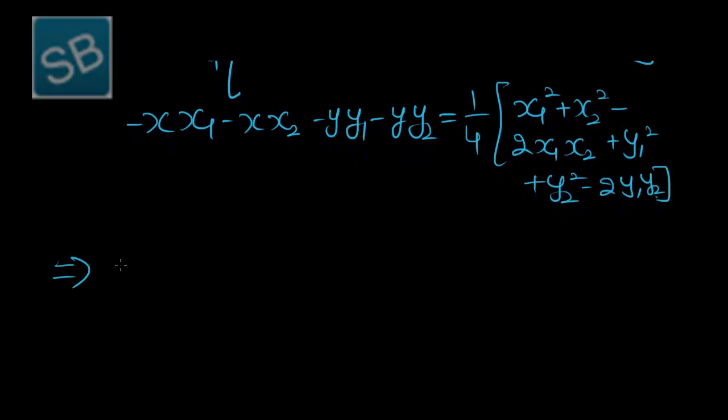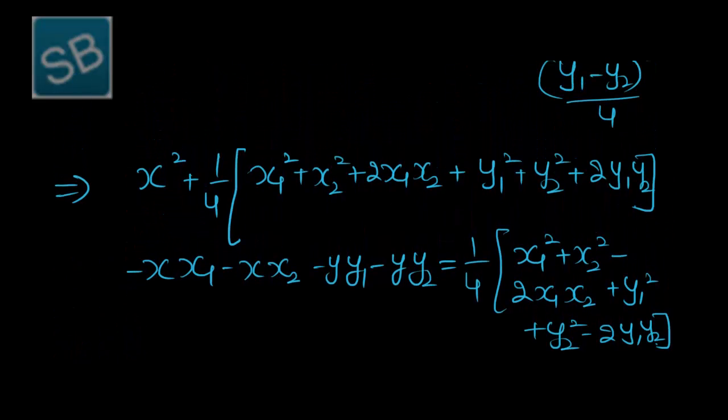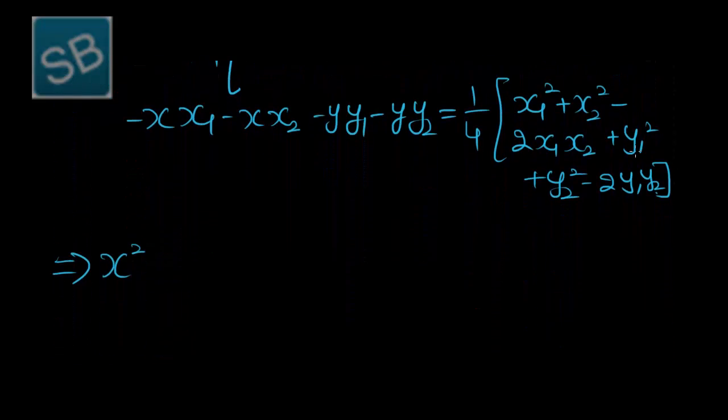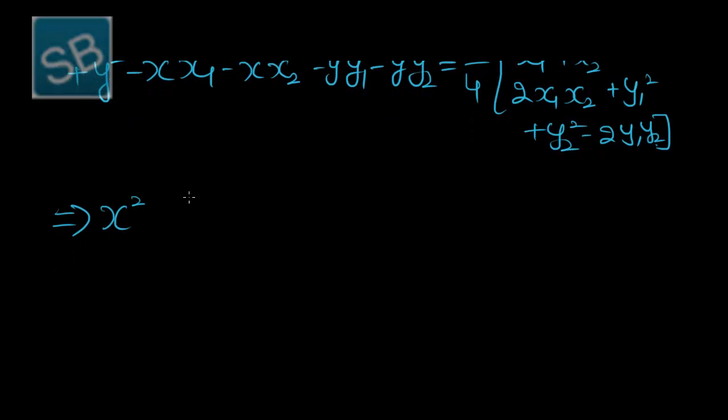Do it. So we get x square, and as whole in the term, if we see, there is a missing of one term in this, that is plus y square. So we should have x square plus y square plus 1 by 4.